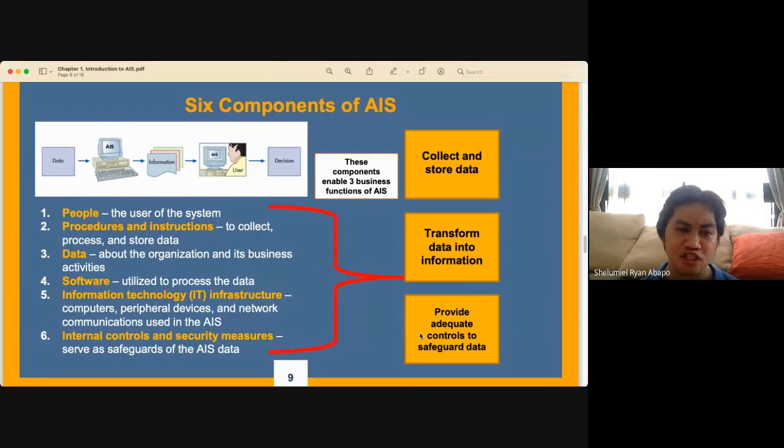The first component is the people. They are the users of the system. And in this era where technology is fast changing, thankfully, the present technology has not totally eradicated the presence of human beings, of people.